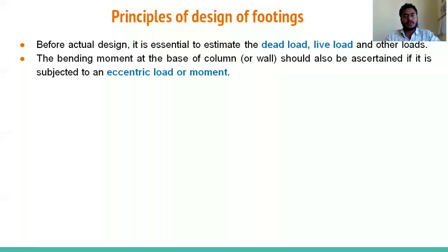So we have to design so that the maximum pressure is less than the bearing capacity of the soil. We have to see in the structure or footing whether bending moment is coming or not, whether eccentric loads are there or not. So we have to be certain about that.